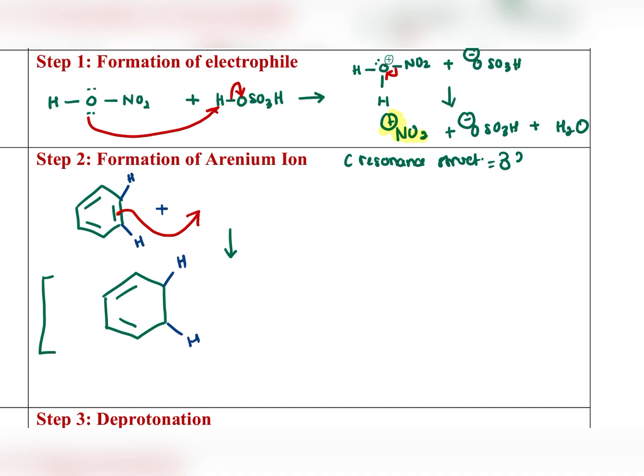Okay, kita guna, so dekat sini kita kan tadi guna 2 elektron kan untuk buat bond dengan NO2. So the 2 elektron akan jadi bond. So bond to who? Bond to NO2. Okay, so what happen at this carbon? Carbon ini formal charge dia 0. Okay, so tak ada masalah.